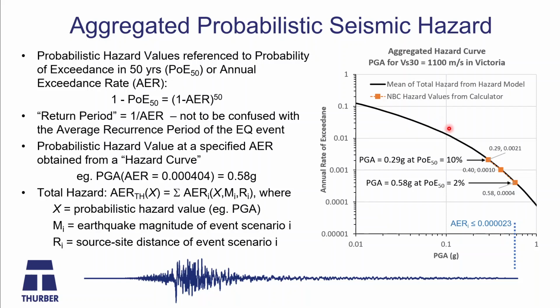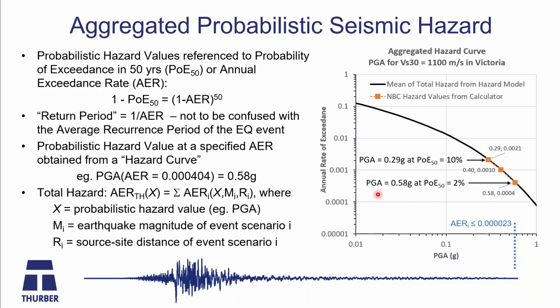Essentially, for any trial value, let's just say 0.2 g, what is the total annual rate of exceedance from all earthquake events that contribute to the hazard? The way the model works is it looks at each possible PGA scenario and then calculates, for an individual event, what is the annual rate of exceedance of that event.